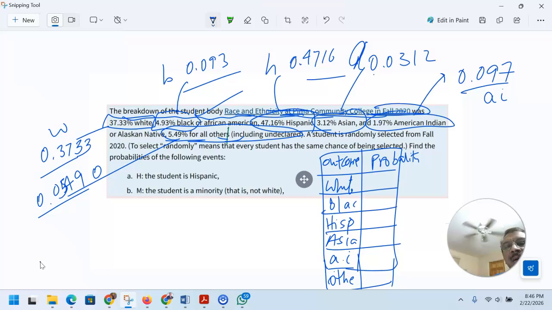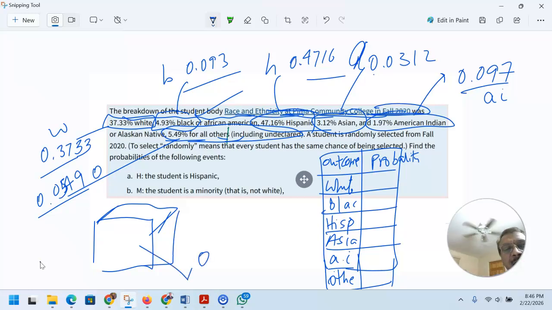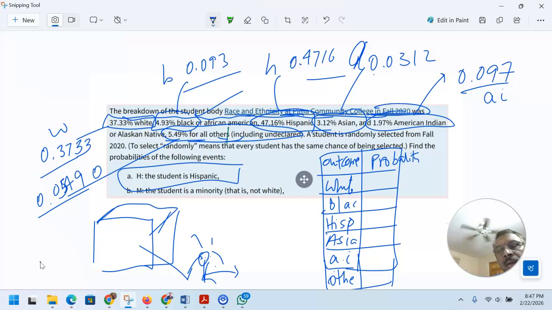So what is the meaning of outcome? Suppose this is Pima Community College and you want to select a student. The outcome, the selected student, is maybe, let's see, first one Hispanic. So let's call this H. This can be black, this is white, this is Asian, this is American Indian, and the others.